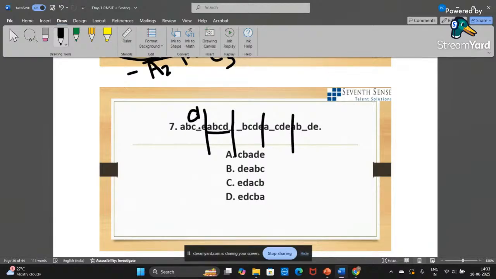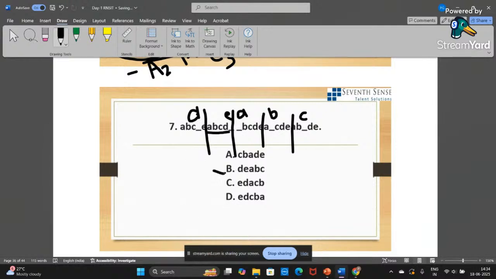So A, B, C, D, E, again A, B, C, D, E. See, already it is B, so the previous letter should be A, B, C, D, E, and A, B, C, D, E, and A, B, C. So check with the option.